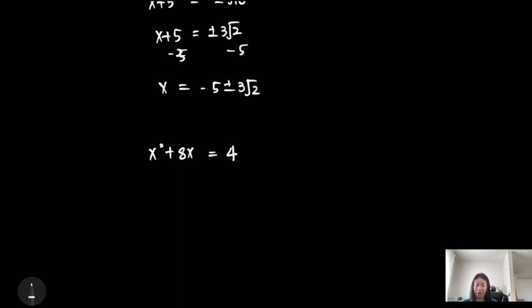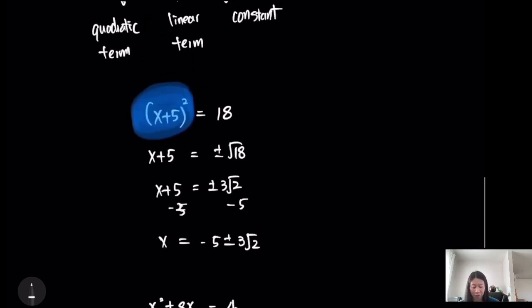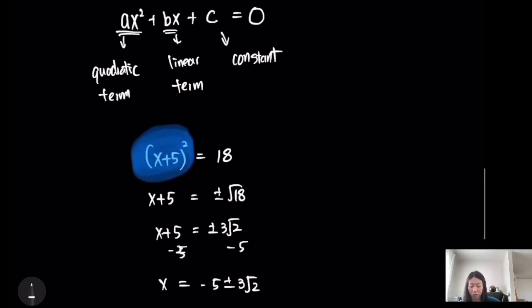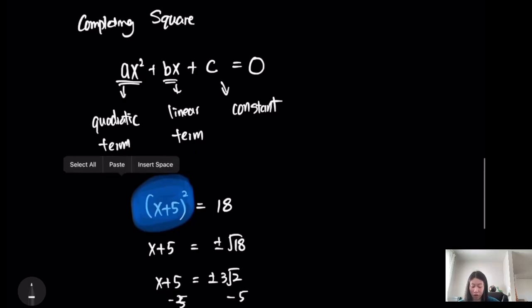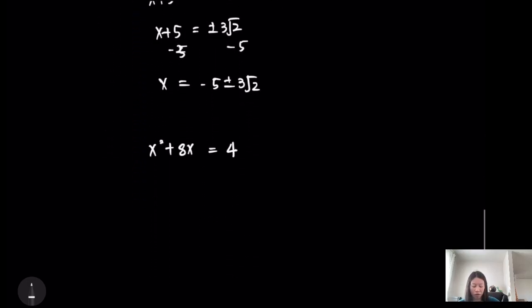The whole process is you need to identify the coefficient of the quadratic term and the coefficient of the linear term. So the coefficient of the quadratic term, a, is equal to 1. The coefficient of the linear term is b equals 8. That's all we need to know.